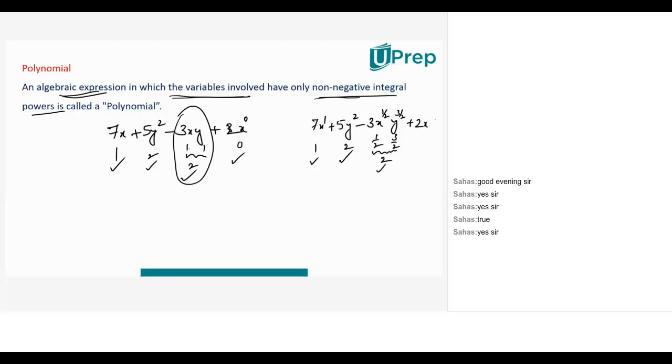There is no x term, so I'll assume there is x power 0. Power is 0, in fact non-negative. So every term here has a positive power. The second case I'll call B, and this is expression A. A is a polynomial, confirmed. Is B a polynomial?